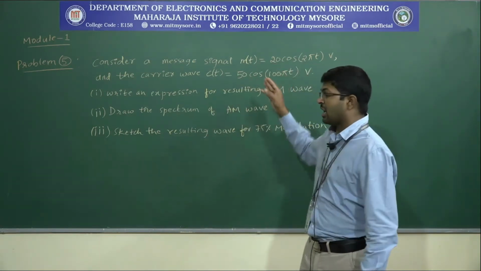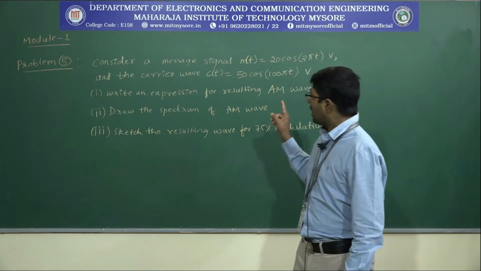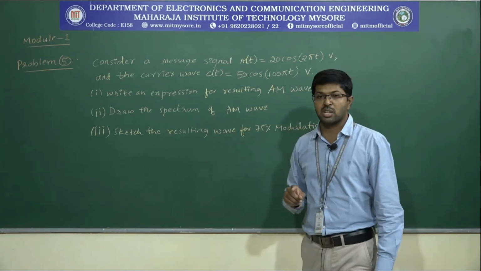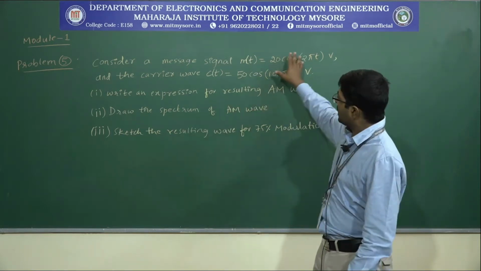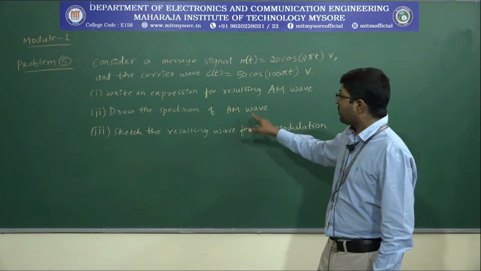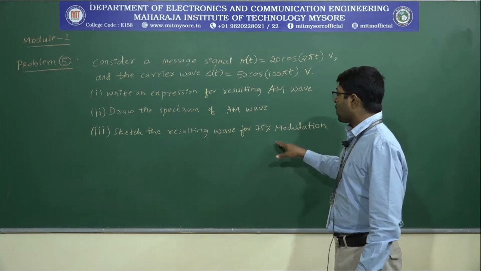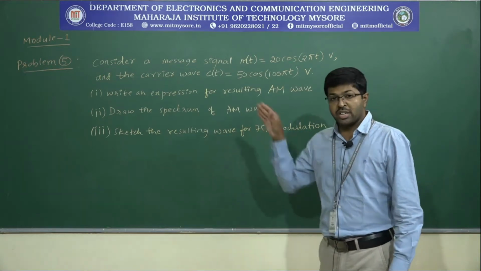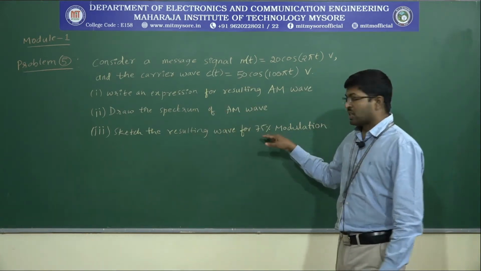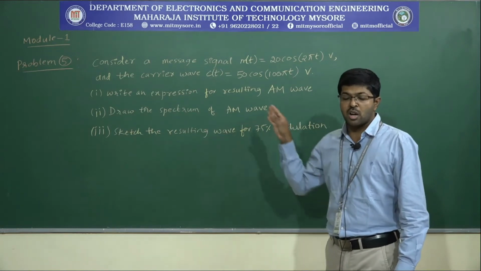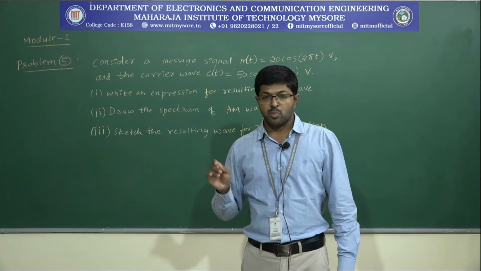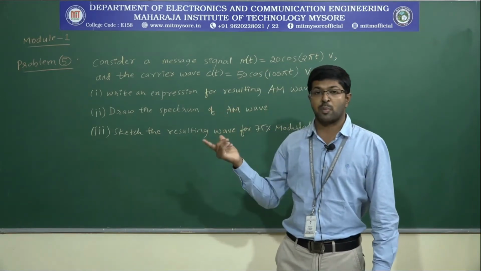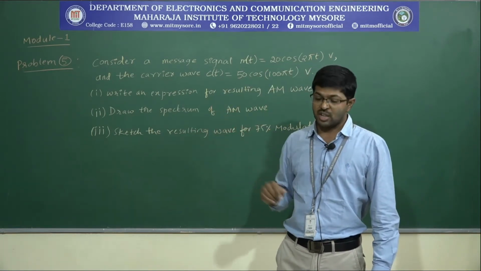Using the message and carrier we first write the expression for the resulting AM signal, then we draw the spectrum of this signal. After that you have to sketch the waveform in the time domain for 75% modulation. Here mu is given as 75%, so mu is 0.75.